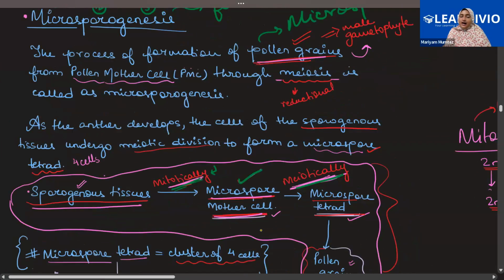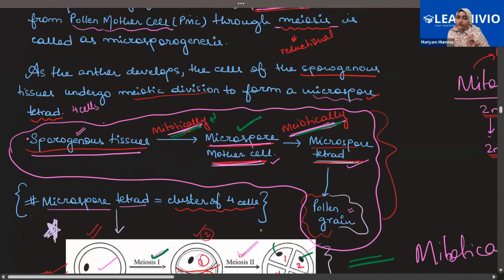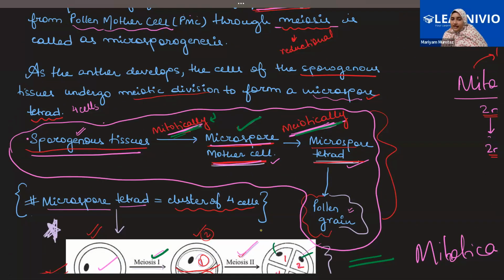Now how does the process of microsporogenesis take place? When the anther develops, the cells of the sporogenous tissue start to undergo meiotic division, meaning reductional division. Then they form a microspore tetrad. So what happens?